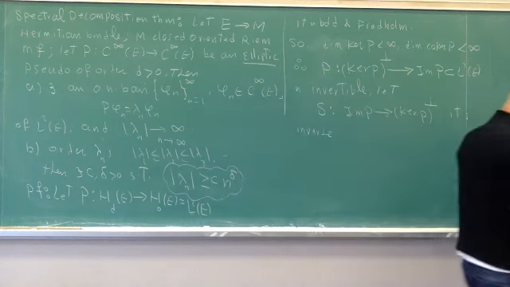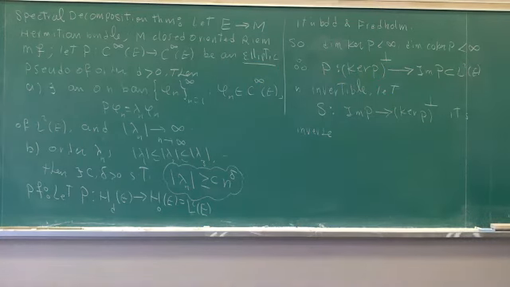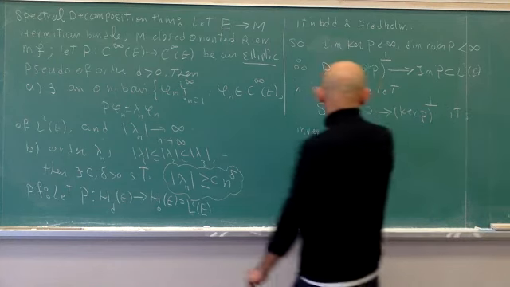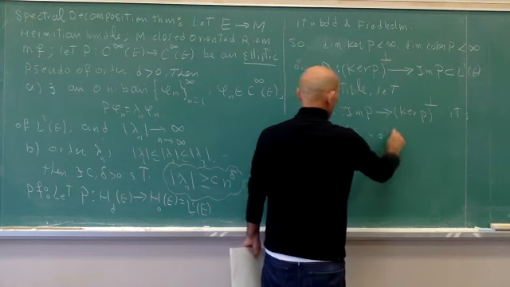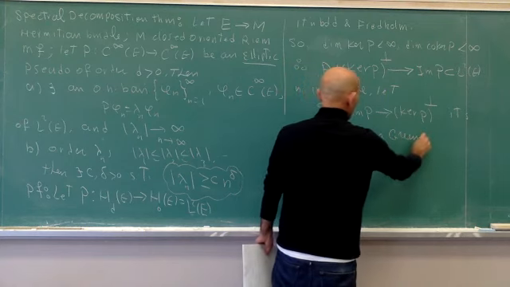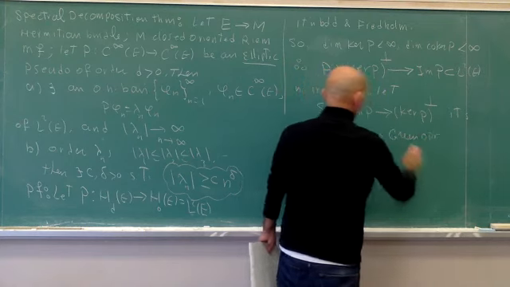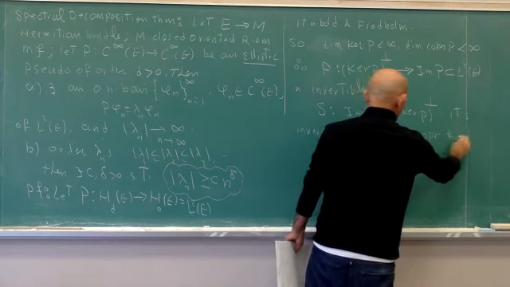This S we can extend by defining it to be 0 on the orthogonal complement of the image of P, defining it on L2 of E and then 0 on the orthogonal complement. It's still going to be a bounded operator. This S, by the way, is called a Green operator. S is a Green operator for P.